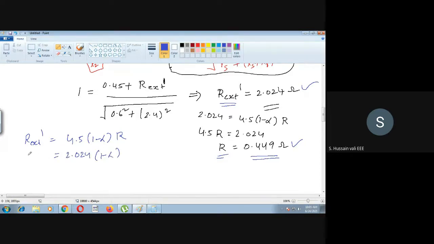This is R external we got. Of course, in this problem we have taken duty ratio as 0, so directly we got the answer, R external is equal to 2.024. But now we will take this as a variable. We have to find the relationship between this duty ratio and the speed. And now one more thing we also know very well.